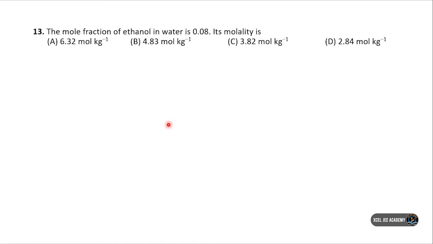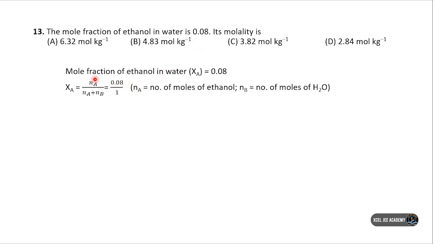In this next question, we have to find the molality of this solution, and we are given the mole fraction of ethanol in water. So mole fraction of ethanol in water is 0.08, and we know that mole fraction is equal to number of moles of ethanol divided by number of moles of ethanol plus number of moles of water, which is equal to 0.08 divided by 1, which is already given in the question.